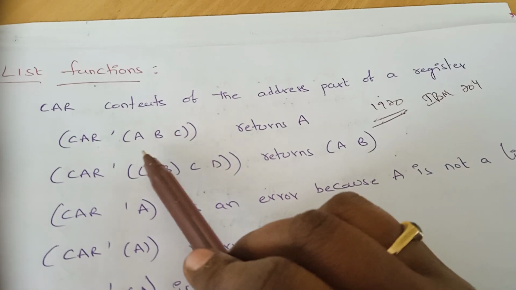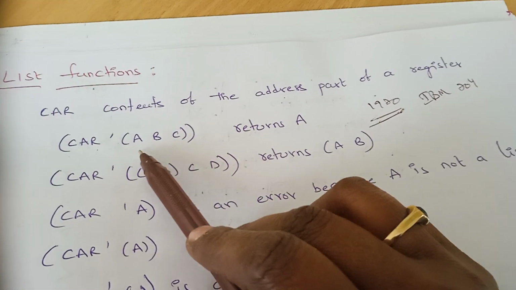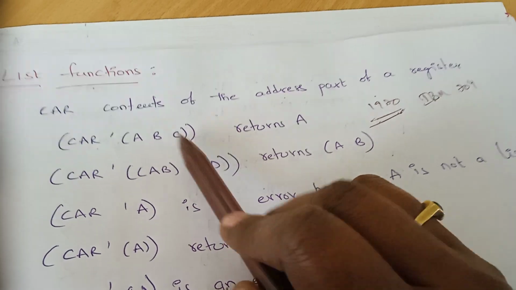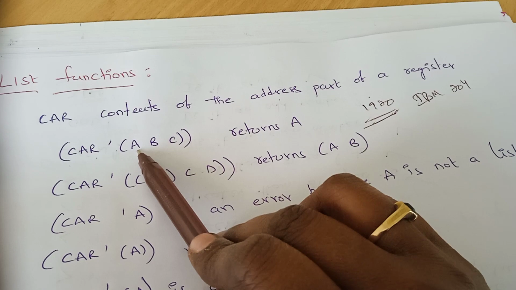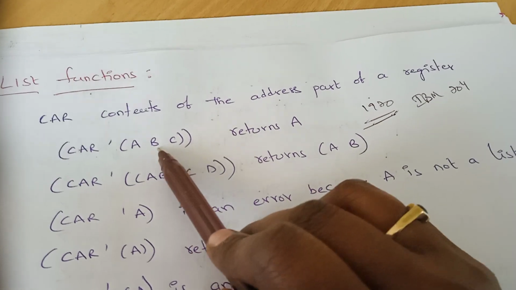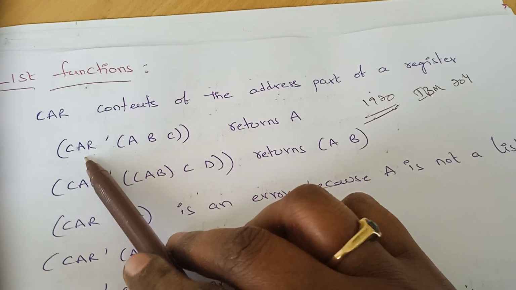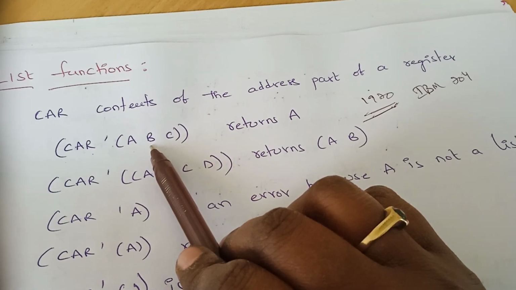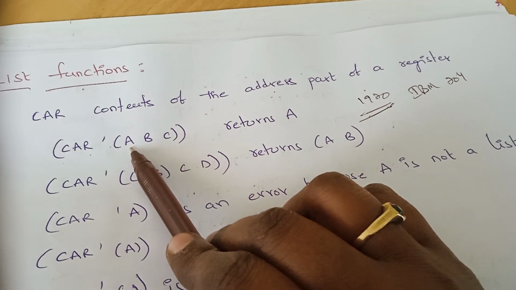So let's see. This is what we discussed about a list now. A list has all atoms. In these atoms, the first class entity is treated as the function name, and B and C are treated as parameters. Now the CAR function is applied on this list and asks for the contents of the address part.